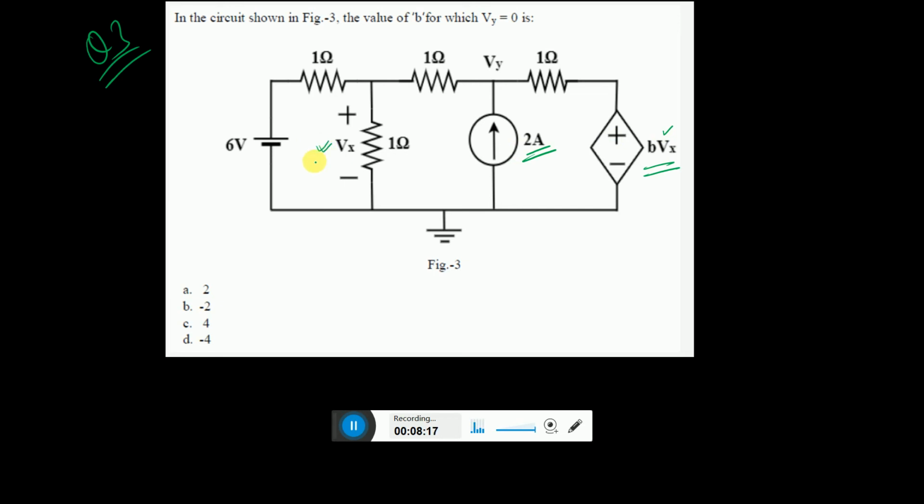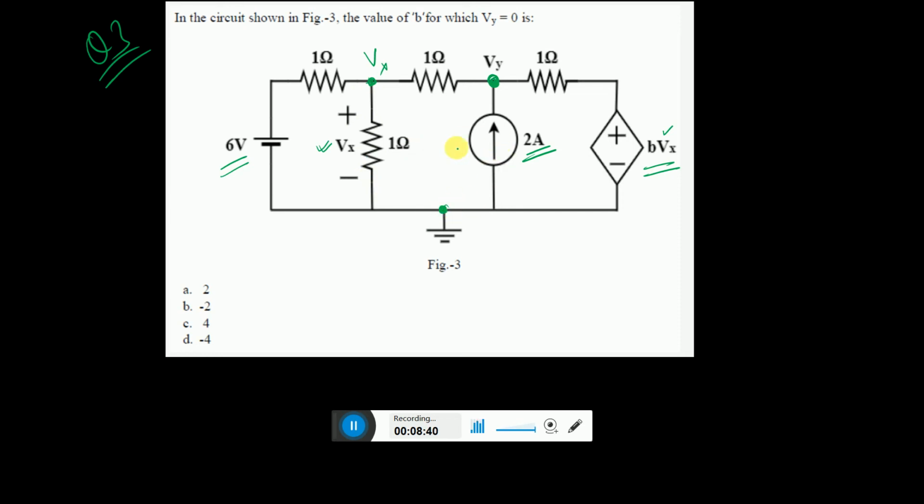So you have got a 6 volt source, you have got 1 ohm, and node voltage over here is specified, that is Vy. So you can choose this value as node voltage Vx also, because this will be Vx anyway, because the voltage across here is Vx between this and this, which is already chosen as reference.